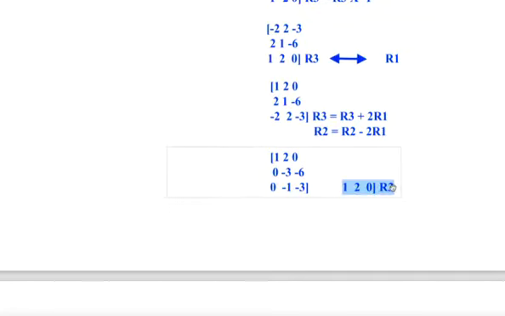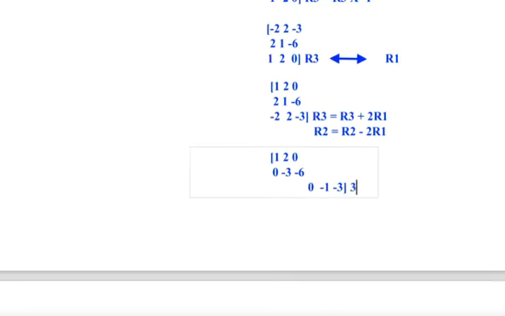Now we need to do one more operation, because this element should be 0. So you have to make use of R2. Why? Because the first element is already 0. If you make use of R1, then you will end up getting one more non-zero element here. That's why make use of R2 here.